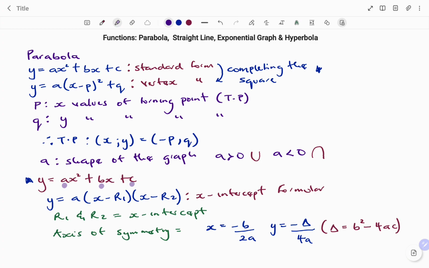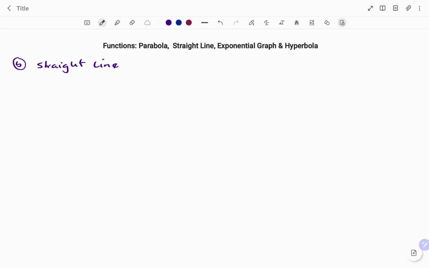Let's look at your straight line graph. For my straight line, I have the first formula, that's my standard form. That is, I have my ax plus by equals c. That is my standard form.